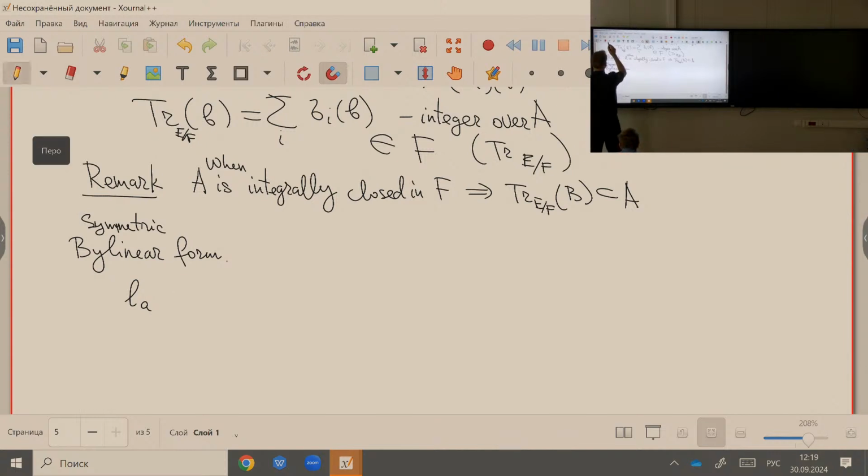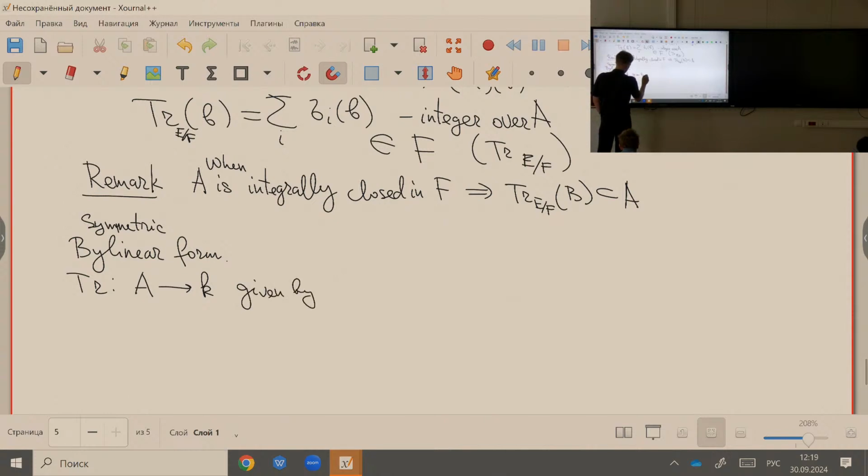So we can define it simply, having a trace on the algebra, given by trace of L of A.